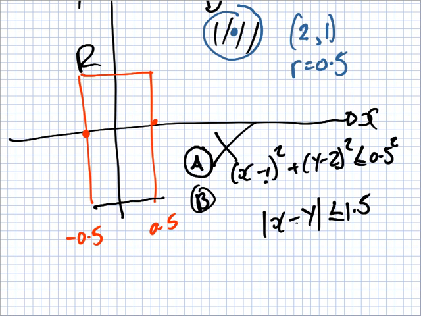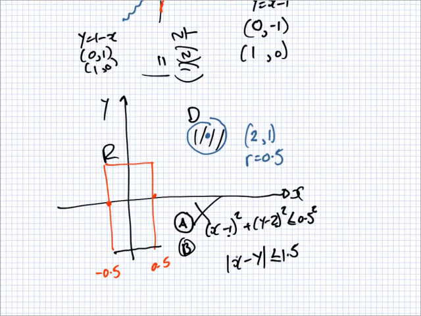Let's see if I can pick an easy one to show you why this is false. Okay, here's a very simple example. So suppose I say x is 100 and y is 98.5.